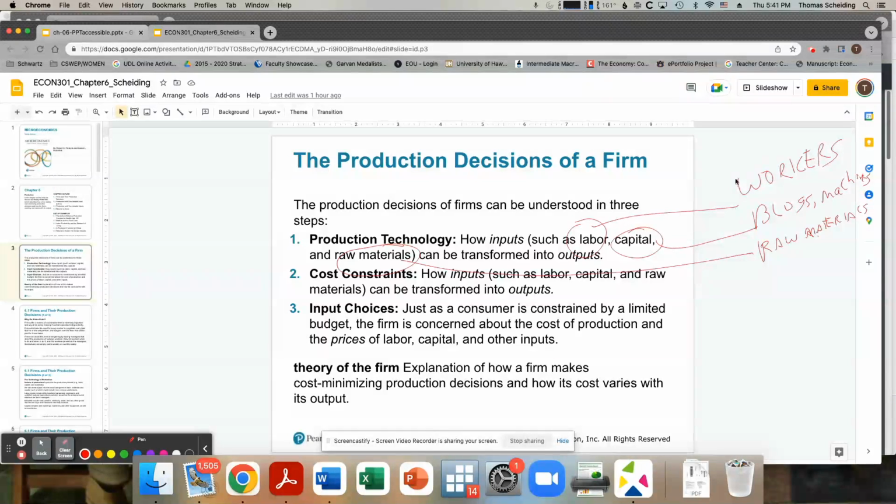So the technology is how we combine all of these things together.